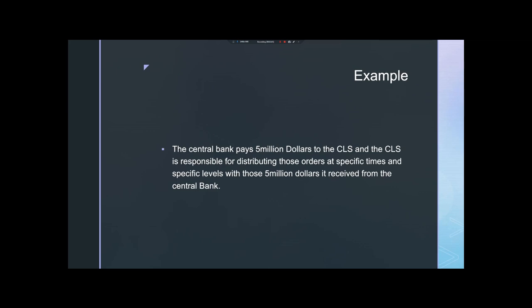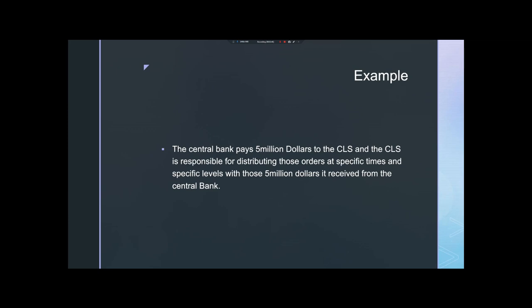Imagine that the central bank pays $5 million to the CLS, and the CLS is responsible for distributing those orders at specific times and specific levels with the $5 million it received from the central bank. To make it simple, the CLS is the company which receives the money from the big guys, imagine the central bank, and they distribute the orders in the market.